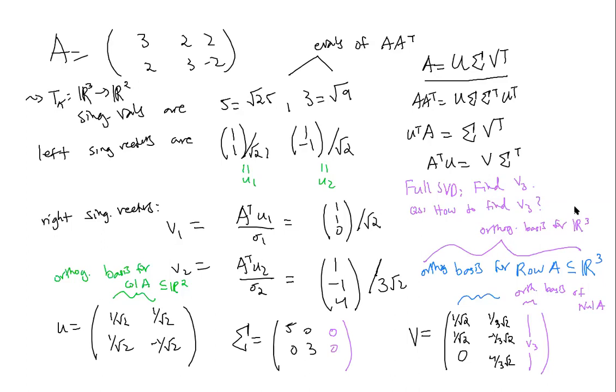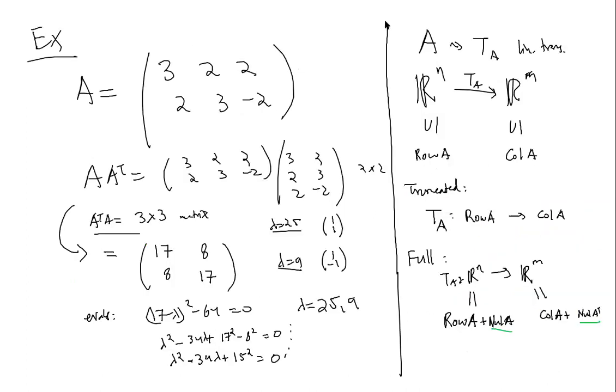So if we went back and looked at A transpose A instead, then what we would find are the eigenvalues. The eigenvalues, I think, should be 25, 9, and 0.